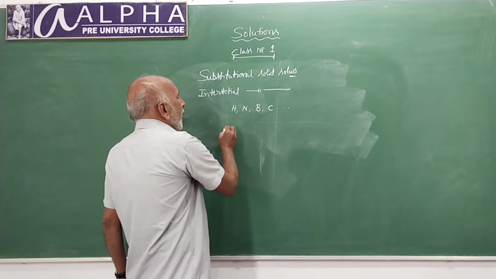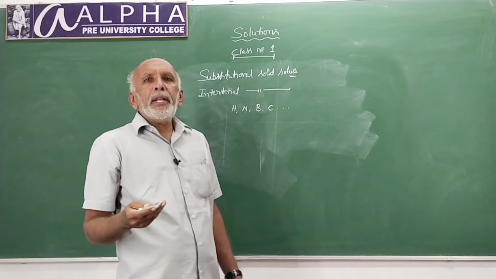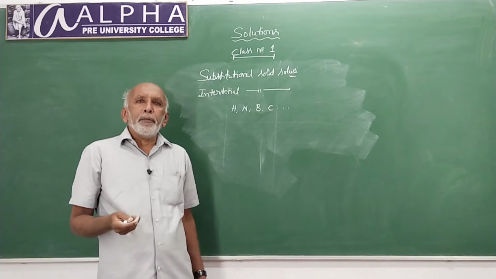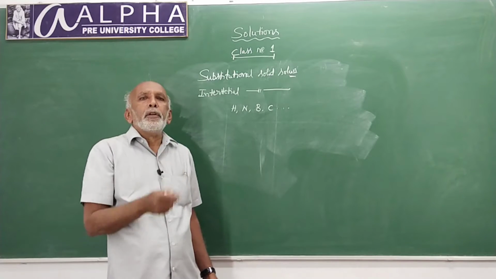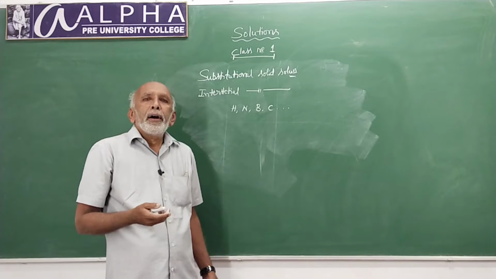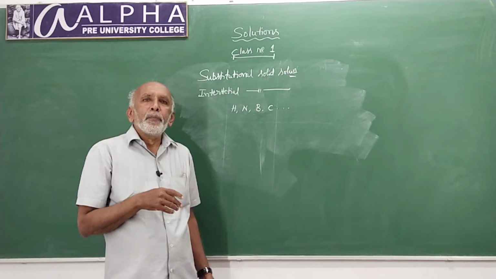Example for this, steel. Steel is an alloy of iron and carbon, in which carbon particles occupy the interstitial positions of crystalline iron.